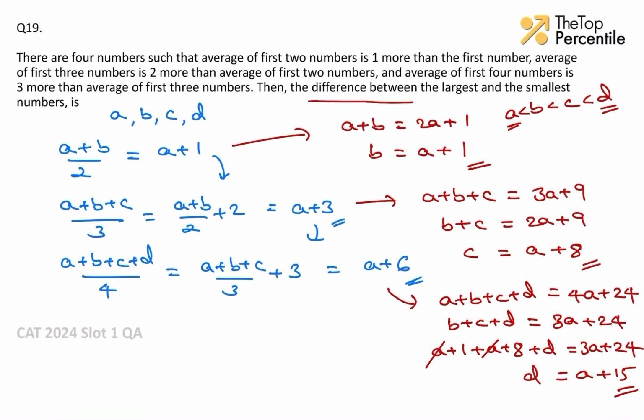They're asking us the difference between the largest and the smallest numbers. So from here only I can rewrite this as D minus A is 15. So my answer is 15 here.